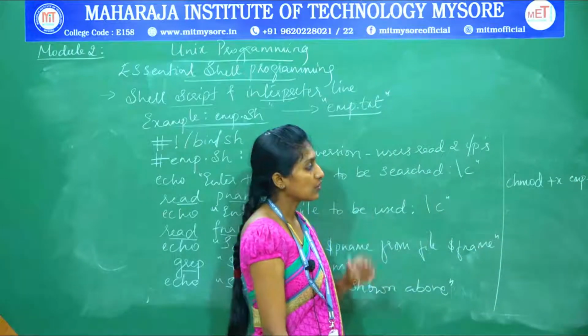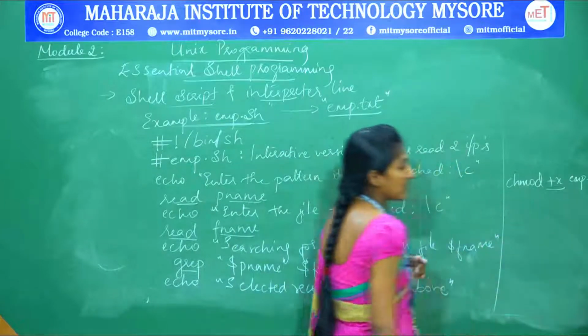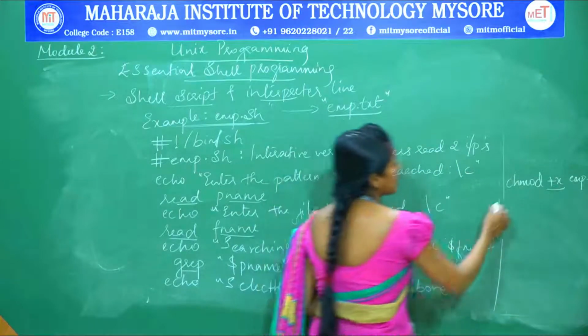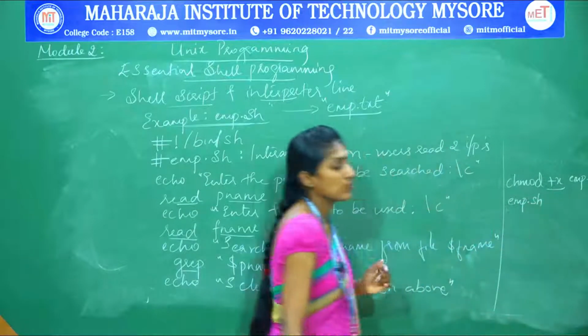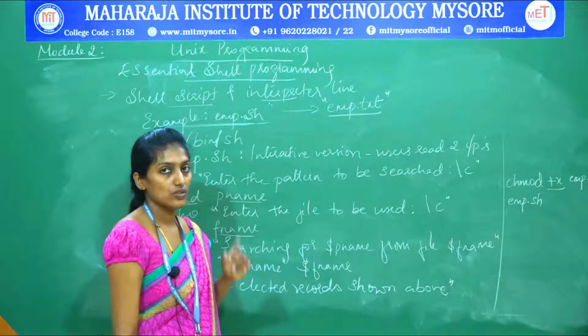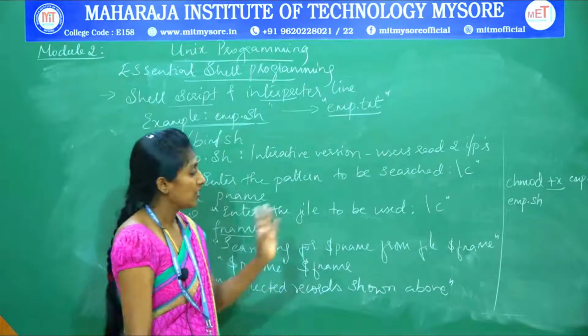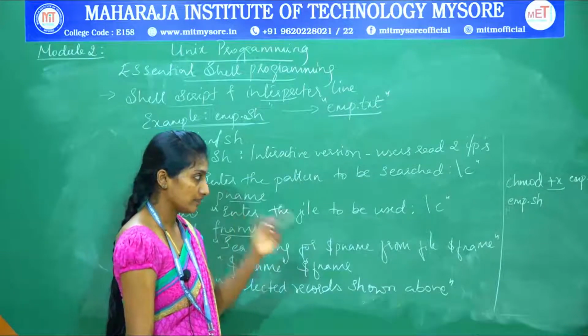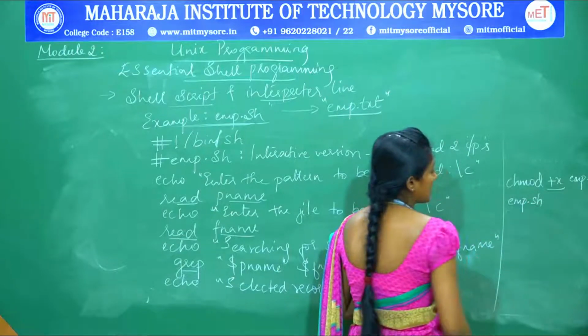Okay, so this permission has to be assigned for the file emp.sh. Next, for execution, emp.sh has to be executed. So this file name as a command itself, you have to execute, for the execution of this particular script file emp.sh.